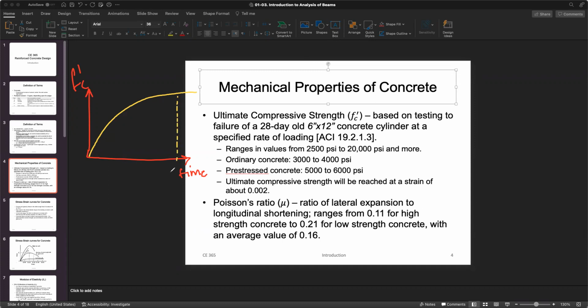So here is the 28 days. On this date, you are selecting the F prime C that you are calculating based on. As you can see, you are going a little bit higher, but it is getting flattened, so that increment is not significant. So you don't care about that. You would say, all right, 28 days would be enough for me to start to load the concrete. So for example, this is the 7 days.